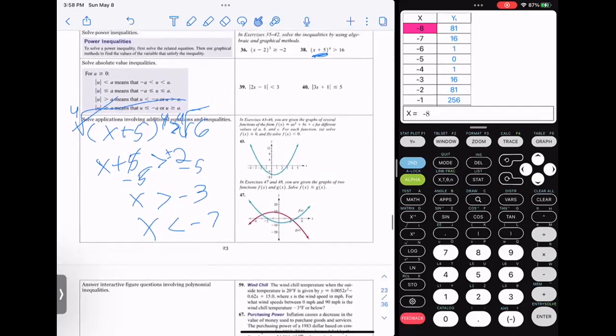You do 36. Greater than or equals, like, if that were on the other one, I know x is less than or equal to -7.